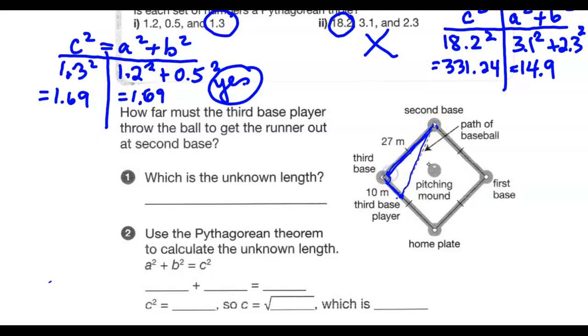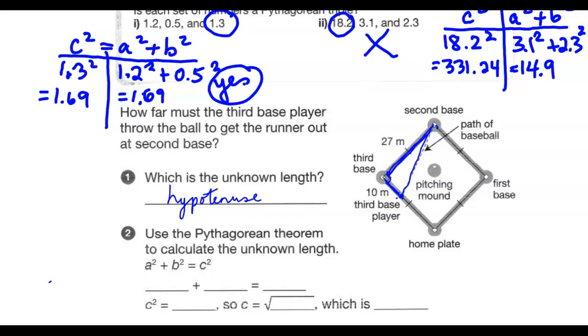So which is the unknown length? So it's the hypotenuse. Then it says use the Pythagorean theorem to calculate the unknown length.